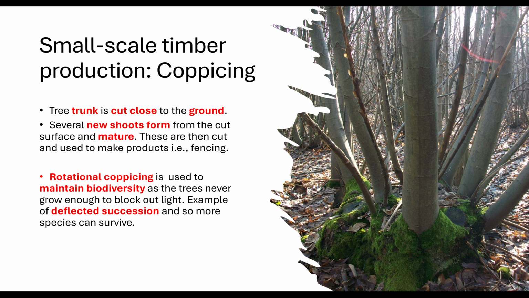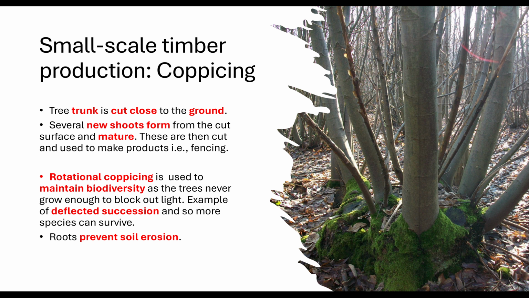The other thing we need to consider is the fact that when we cut the tree trunk down close to the ground, we're not removing the plants completely. We're not removing these trees, therefore their roots are still anchored into the ground. And that's important because those roots being present in the soil actually anchors the soil and therefore prevents soil erosion.